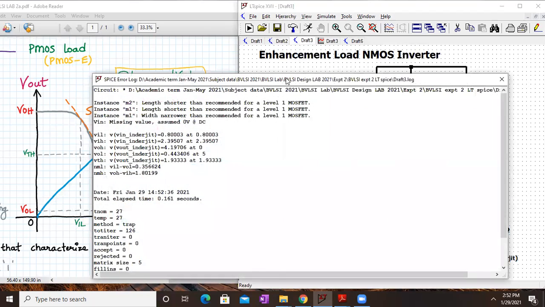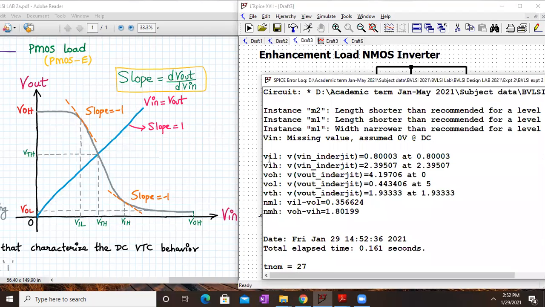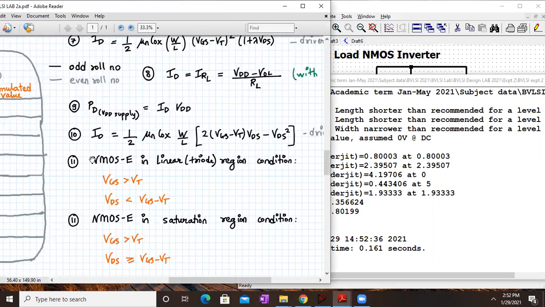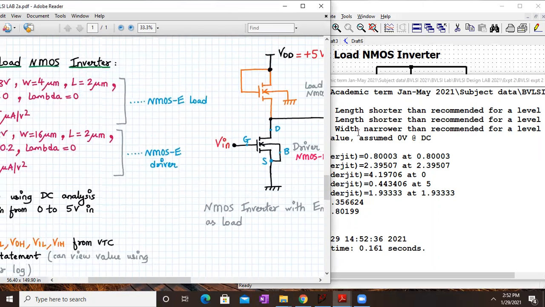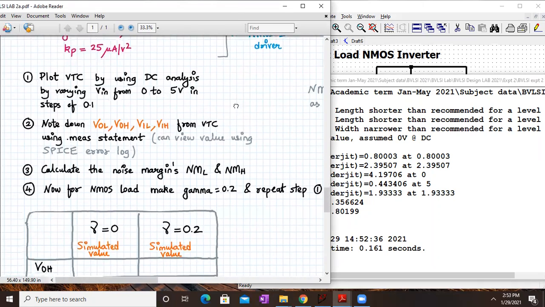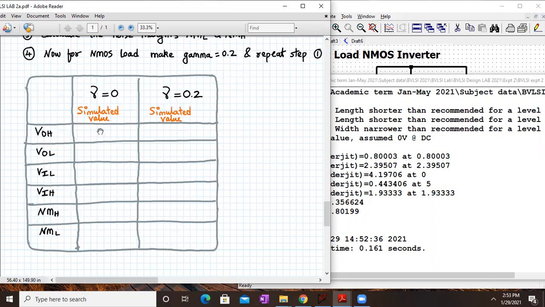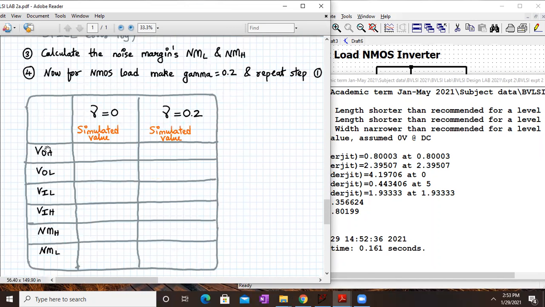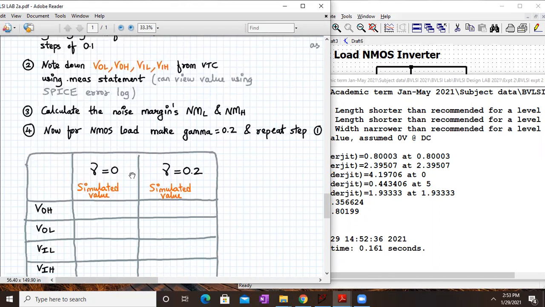See, directly you got the values. VIL, VIH, VOL, VOH, VTH, noise margin high, noise margin low. Automatically we got the values. So quick. There are no calculations as such, right? We have to just write the simulated values of all critical parameters and the noise margin high and noise margin low. That's it.